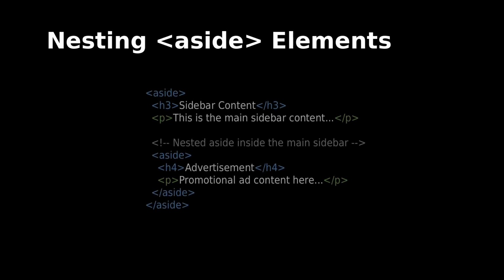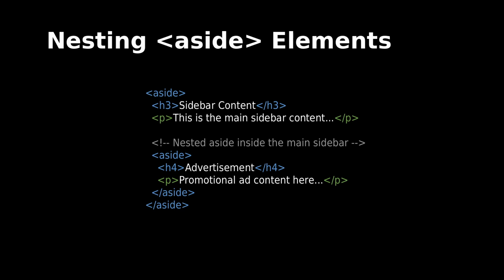Nesting aside elements. You can nest an aside element inside other elements like the article or section, or even another aside element if it makes sense in your content structure. For example, you might have an aside for a sidebar, and within that you could have another aside for an advertisement. In this case, the outer aside represents a sidebar.